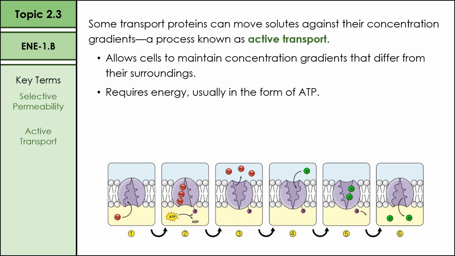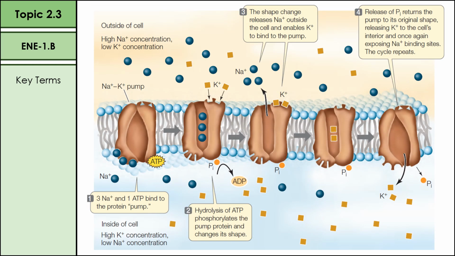And one of the major processes involving active transport is going to be with our sodium-potassium pumps. So our sodium-potassium pumps work in what we call a co-transport type of manner. So with our sodium-potassium pumps, we have sodium, where we have a higher concentration outside of the cell.